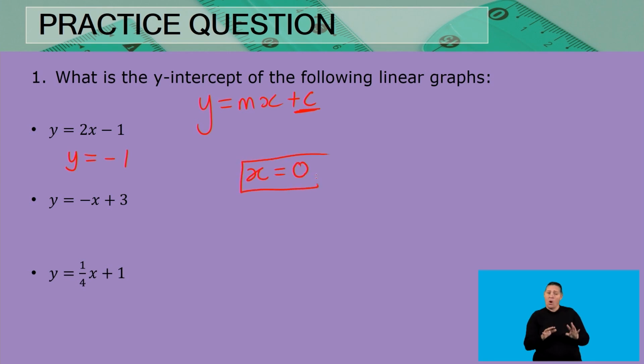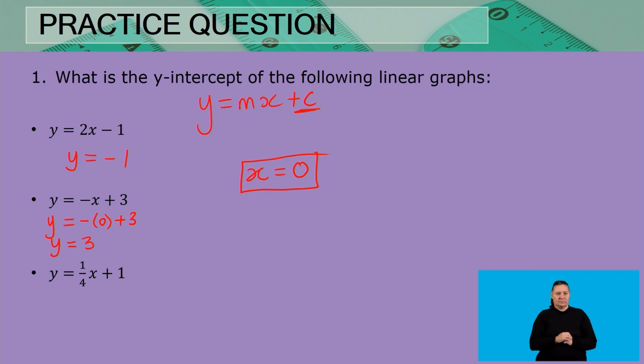So we can use this with our second equation, y = -x + 3. Because x = 0, we have negative 0 plus 3, so y = 3. And that's another way of finding the y-intercept.